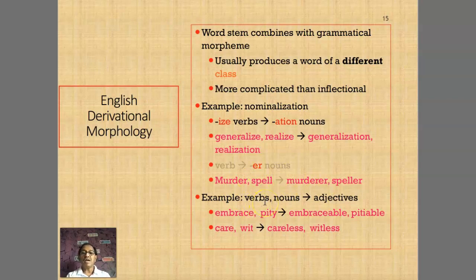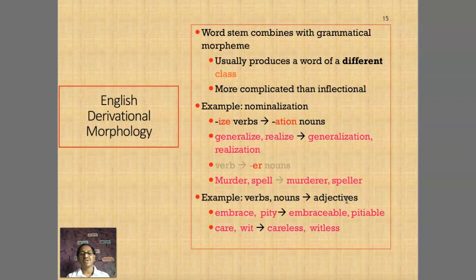You can also have a derivation of adjectives from verbs and nouns. From a verb you can have an adjective, and from a noun also you can derive an adjective. You have embrace, a verb, and you get embraceable, an adjective. Pity is a noun, you can get pitiable. So able is an adjectival suffix.